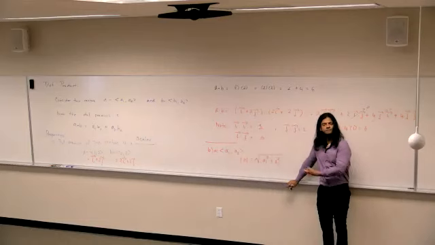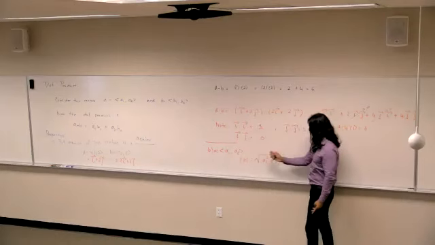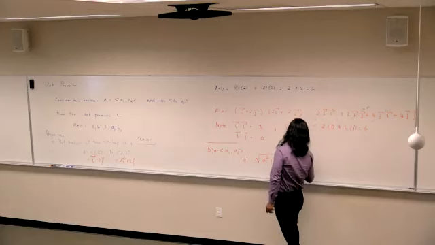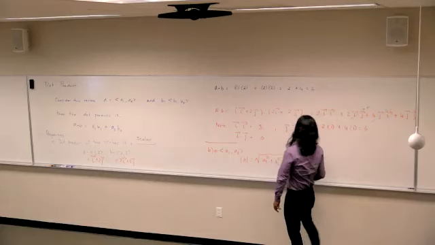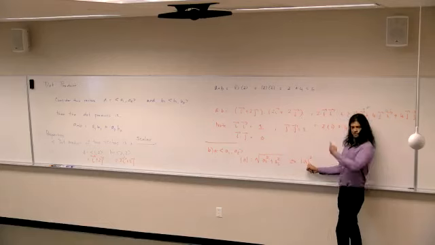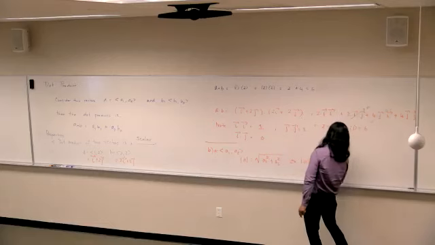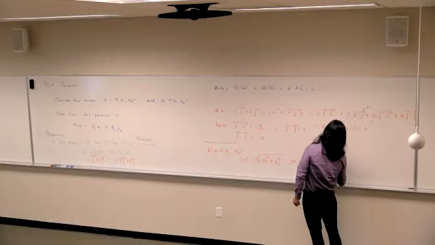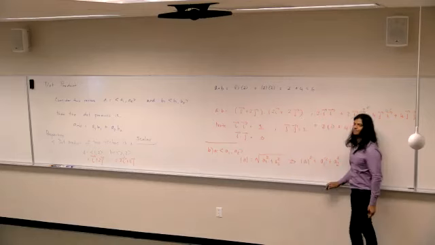Agreed? From last time. If you square on both sides, magnitude squared equals A1 squared plus A2 squared.